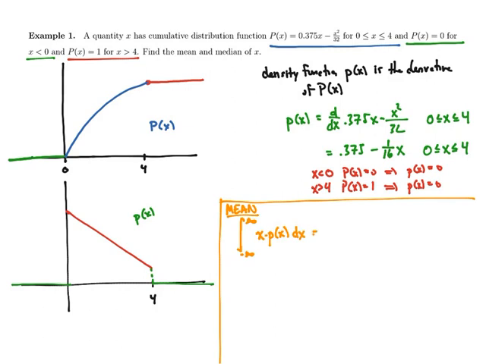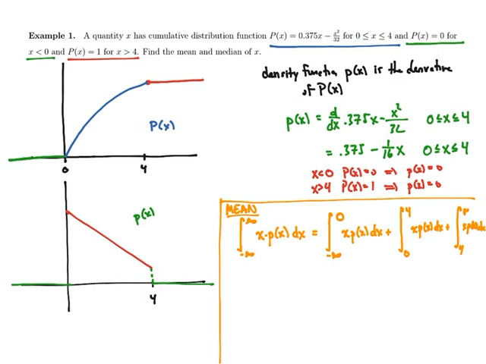And although there's different ways of doing this, we're going to try to break this up into 3 different integrals to kind of see more about this function. We're going to break it up from the integral from negative infinity to 0, x p of x dx, the integral from 0 to 4, which is going to be the interesting one, plus the integral from 4 to infinity.